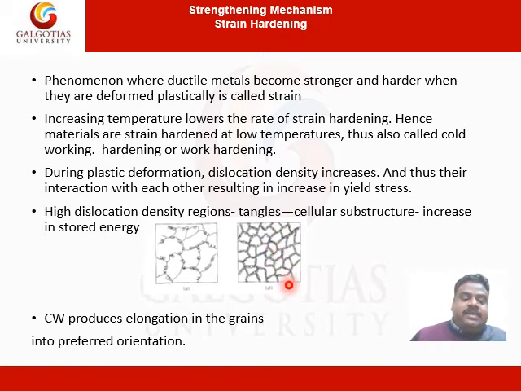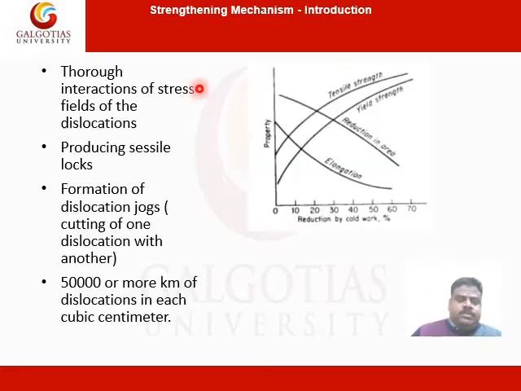Not only that, generally a cold worked material is deformed in such a way that we always get elongated grains with preferred orientation. As we have seen, there are a large number of dislocations in a cold worked metal. Through interactions of the stress fields of the dislocations, the strength of a metal increases.